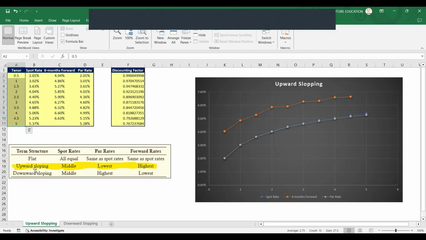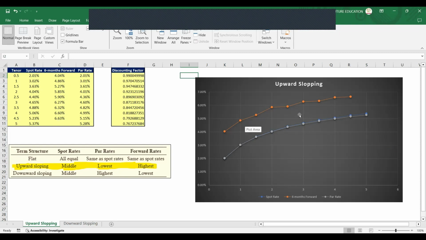That's why we say it is upward sloping. But if you plot these spot rates and the forward and par rates that we calculated, you will notice that the spot curve is always in the middle, but because it is upward sloping, the forward rate is quite higher.